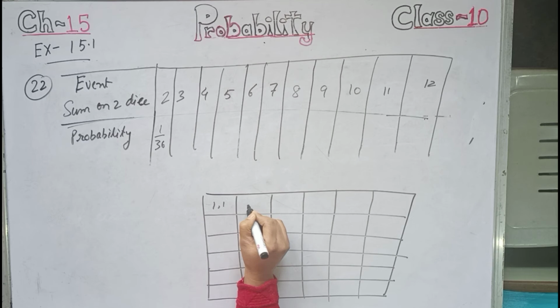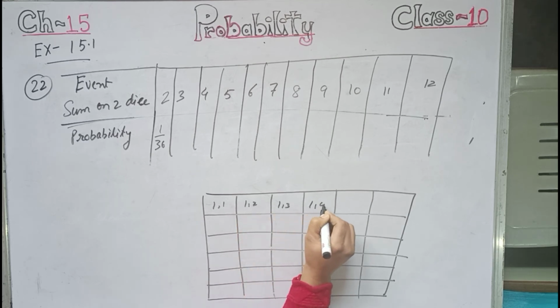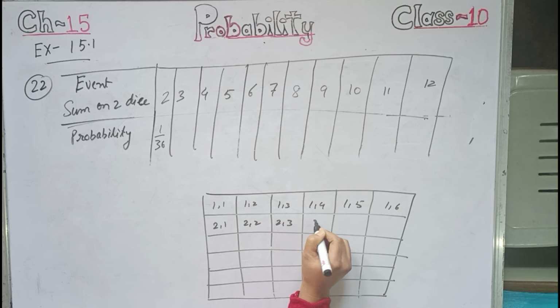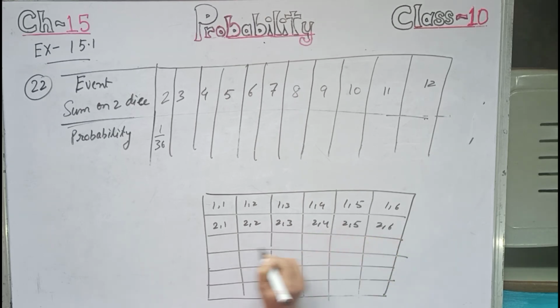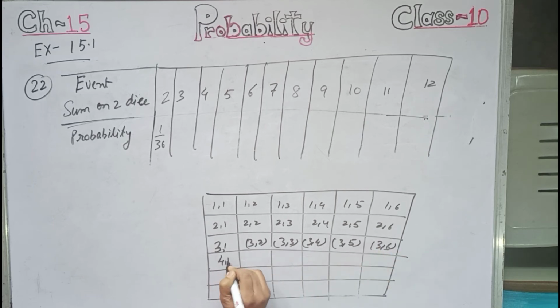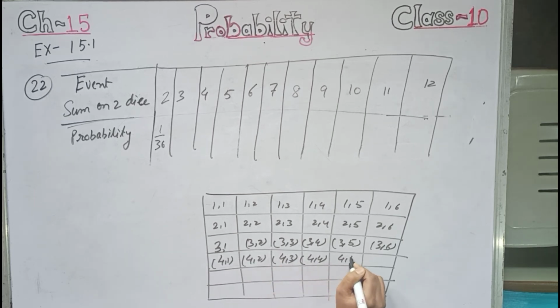So 1 1, 1 2, 1 3, 1 4, 1 5, 1 6, then 2 1, 2 2, 2 3, 2 4, 2 5, 2 6, then 3 1, 3 2, 3 3, 3 4, 3 5 and 3 6, then 4 1, 4 2, 4 3, 4 4, 4 5 and 4 6, then 5 1 to 5 6.